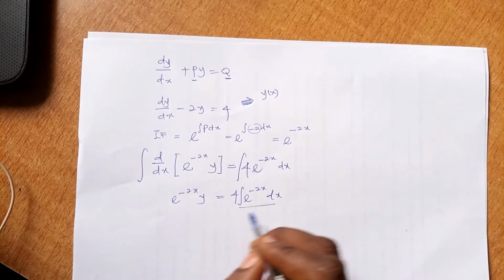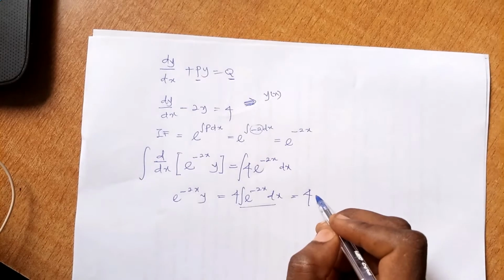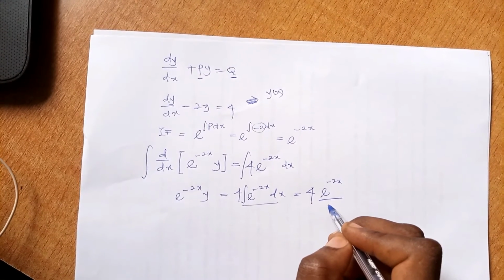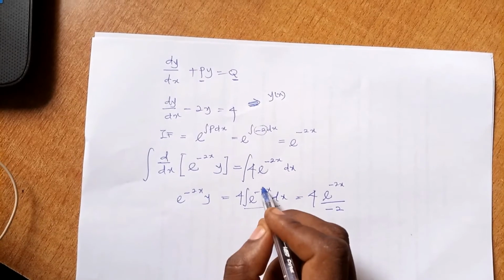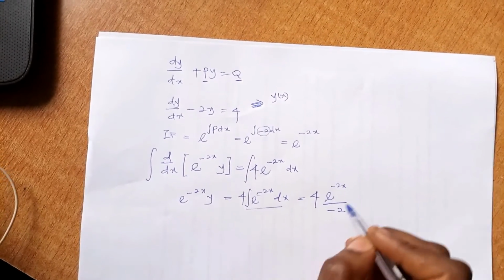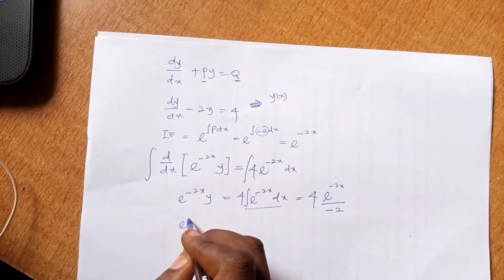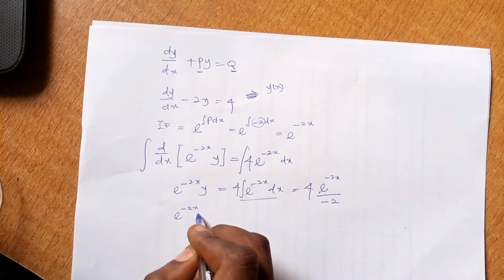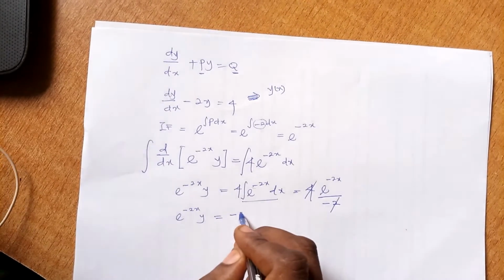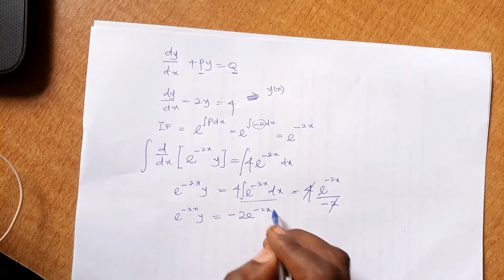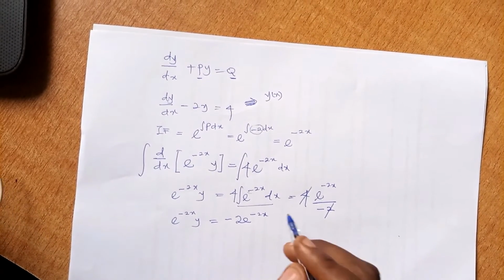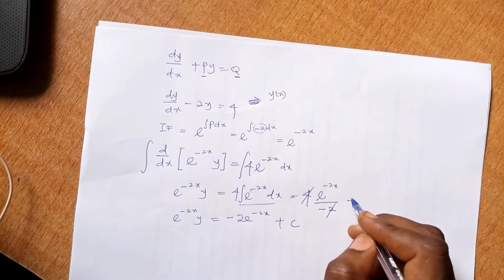This gives 4 times exponential minus 2x divided by minus 2, because if you differentiate the power of the exponential, you then divide by it. So exponential minus 2x times y equals, here we cancel, minus 2 exponential minus 2x. Of course, then plus the constant of integration.